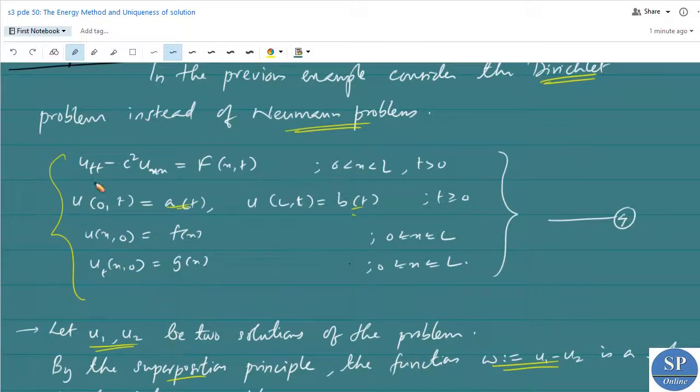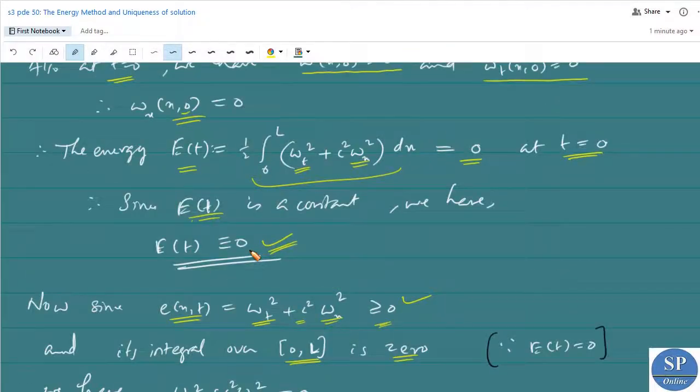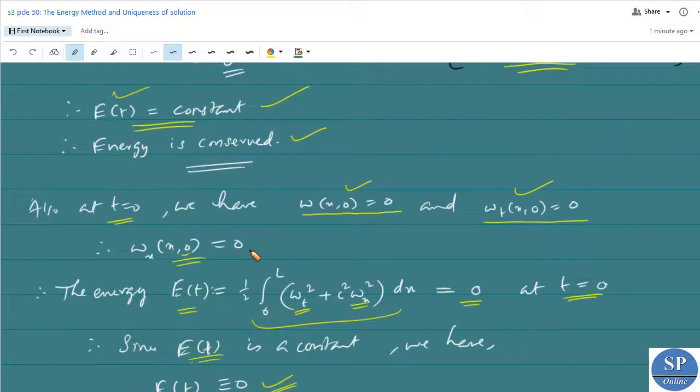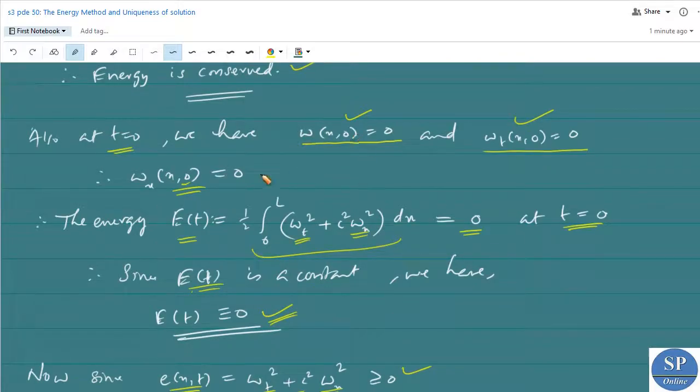The change is only in the boundary condition, that is, the Neumann boundary conditions changed to Dirichlet conditions. So we can do the same procedure in this problem also. W(x, 0) equals 0, W_t(x, 0) equals 0. These are the initial conditions.